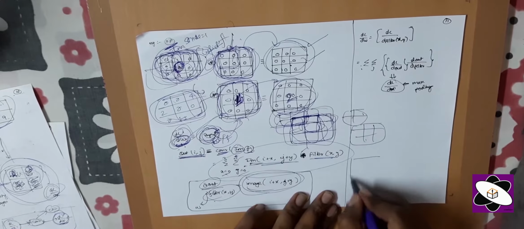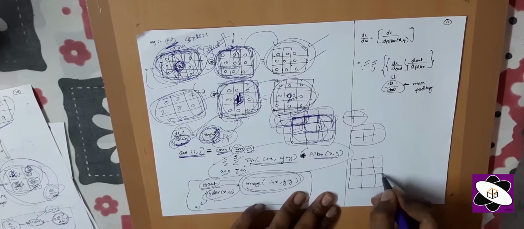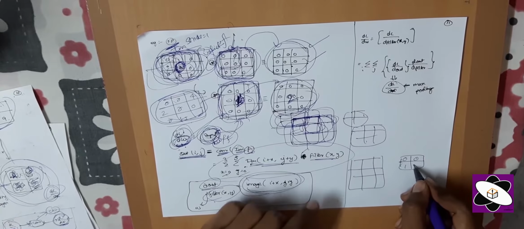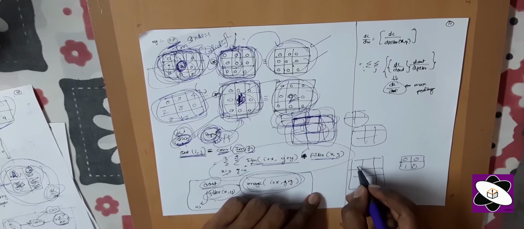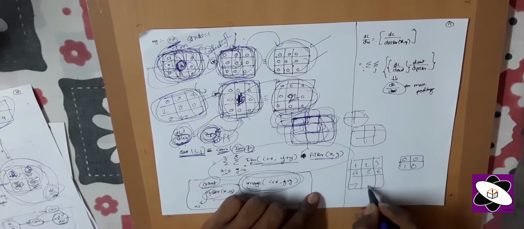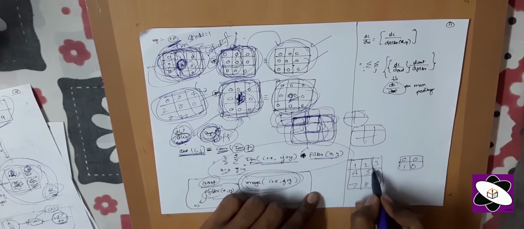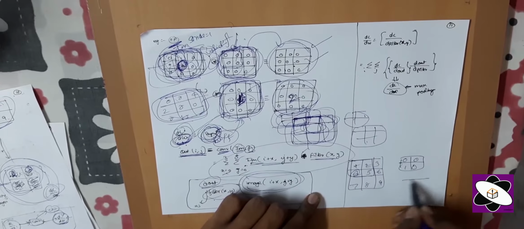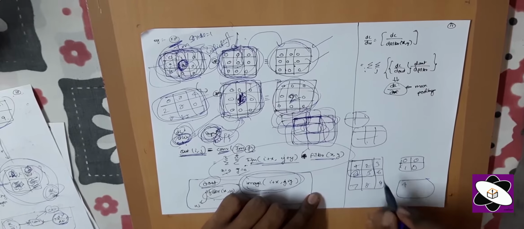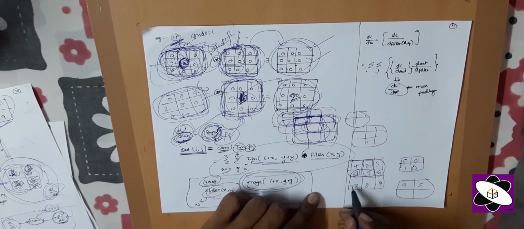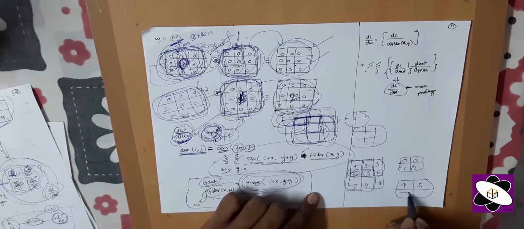What I mean to say is, if we have something like this, and some filter 0 0 1 0, and here we have values 1 2 3 4 5 6 7 8 9, and if we pass through here, we will get values 0 0 0 4, so we get 4 over here, right? Then if we go over here, we will get 5, and if we go there, we get 7. If we go over here, we will get 8.